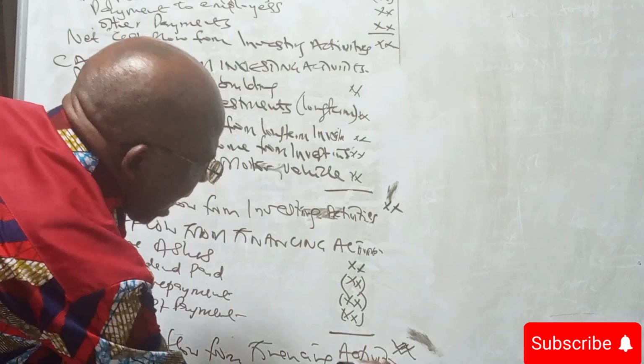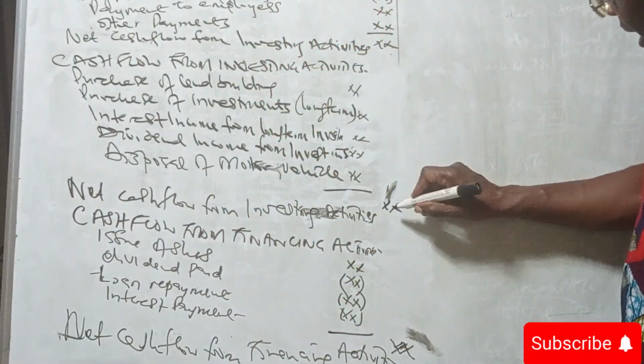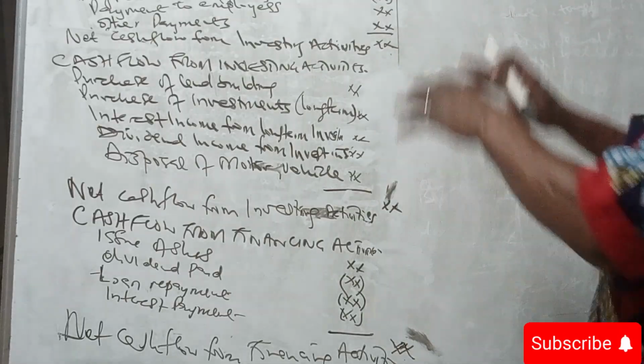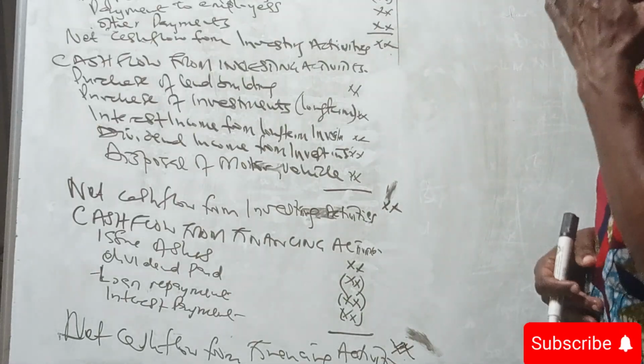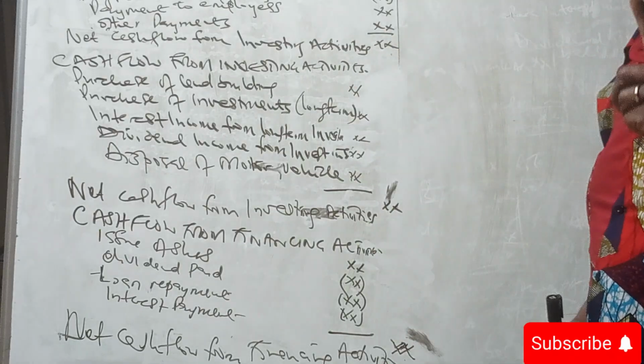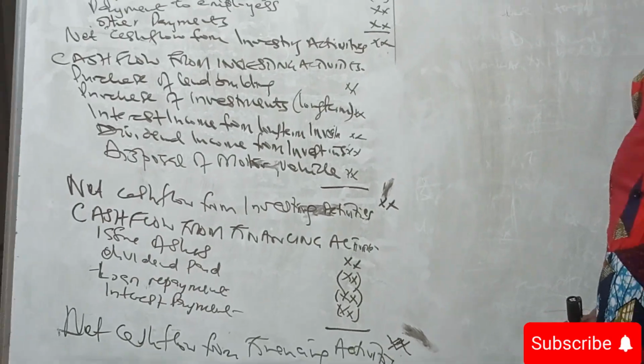Now, once we get the net cash flow from the operating activities, investing activities, and financing activities, once you add them, we are saying in this statement, we assume you have not touched the cash and the cash equivalent at the beginning of the period.